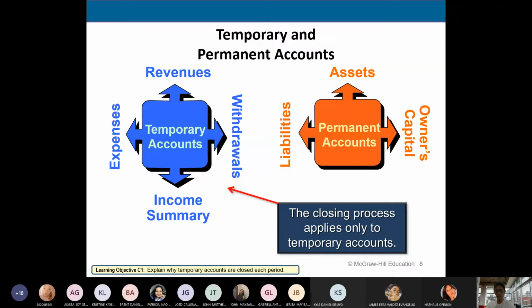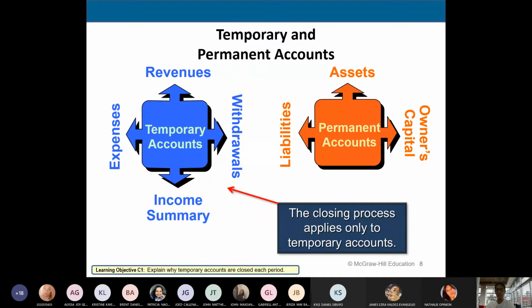So what are real or permanent accounts naman? So yung temporary, tinatawag din nating nominal accounts. And the permanent, tinatawag din nating real accounts. These accounts report on activities related to one or more future accounting periods. So, ang mga items na hindi natin kino-close are assets, liabilities, and owner's capital. So, permanent accounts are not closed each period and carry over their balance into future periods.